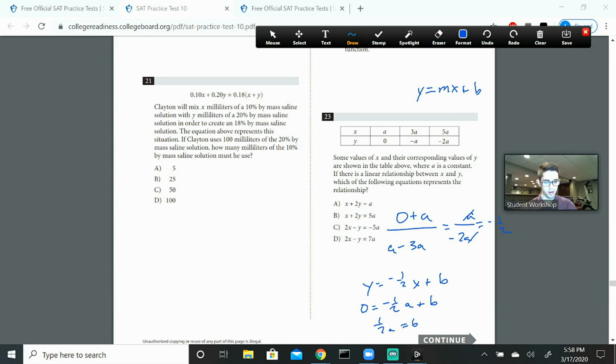And now we can rewrite our standard linear function with actual values. Multiply both sides by 2 to get rid of these fractions, and then move x over to the other side. We can see that we end up with x plus 2y equals a.